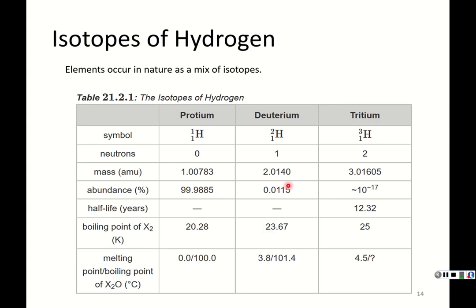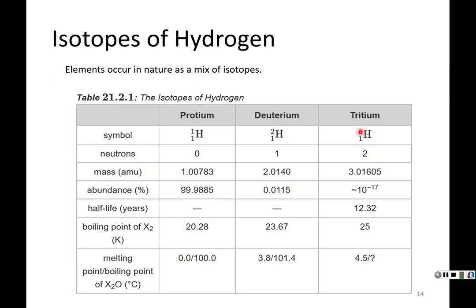In hydrogen, we have what's called protium, although I've never really heard it called that, but that's the typical hydrogen. Hydrogen with a mass number of 2, so having 1 neutron and 1 proton, is deuterium.